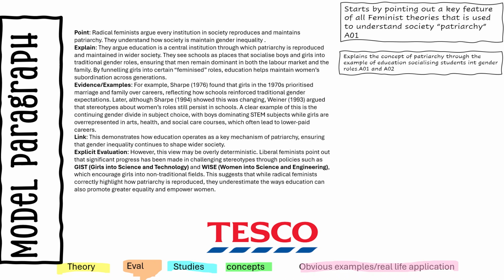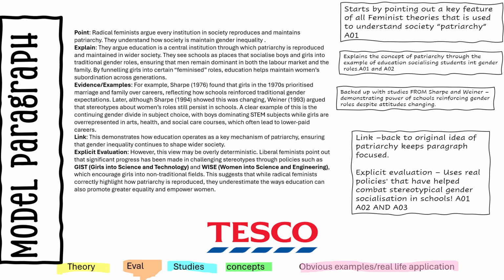So despite Sharp's findings, if you like, of a change in attitude, we still see a clear difference in STEM subjects and who takes up STEM subjects. So even if girls are prioritising careers over families and marriage, it's still heavily based on gender roles. And then I've got a link back to the original idea of patriarchy to keep the paragraph focused.